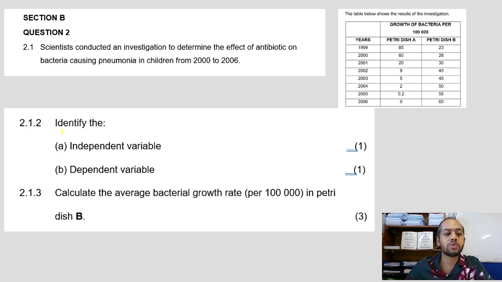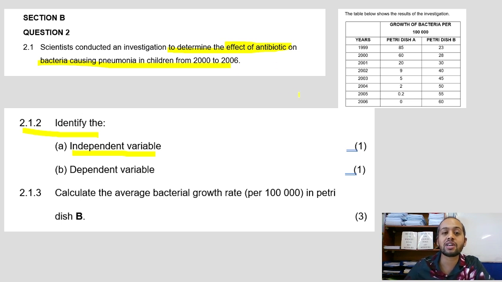The next question, 2.1.2, says identify the independent variable. Now remember that when you are stating the independent variable, you need to take it from the aim of the investigation, and this is the aim of the investigation. So the effect of antibiotic on bacteria causing pneumonia. So what is the independent variable? What's the variable that you are changing in the experiment? You cannot use the phrase effect of antibiotic.